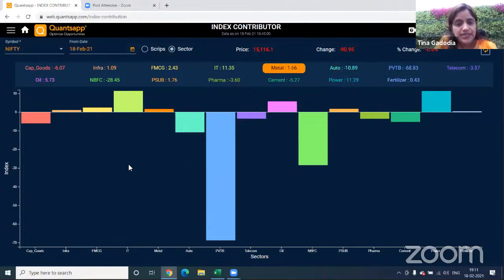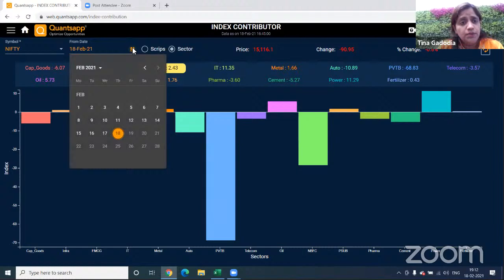If all the sectors are performing positively, then you can filter out the best stocks among them and see which stocks are giving a breakout, where in options you see short covering coming up, where you see a range shifting taking place. Those things come into the picture. Now, contribution you can also look at from any particular day.